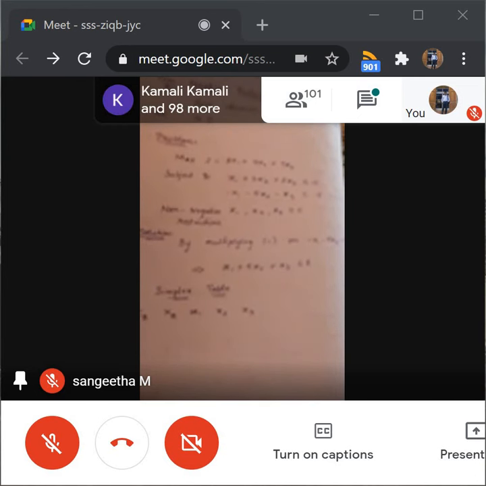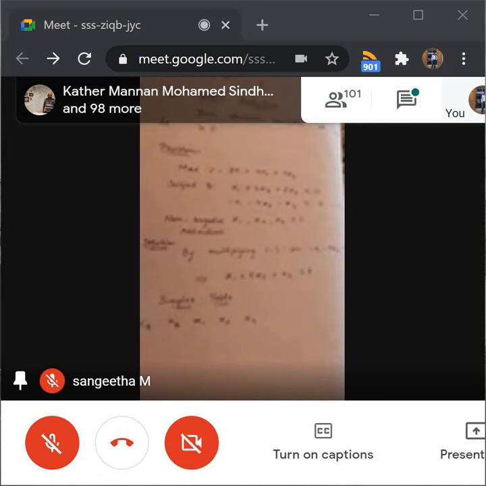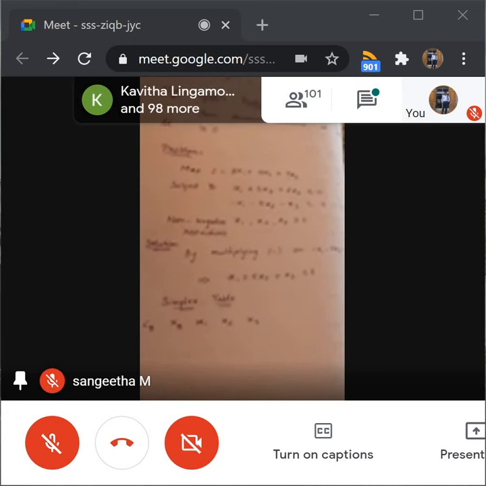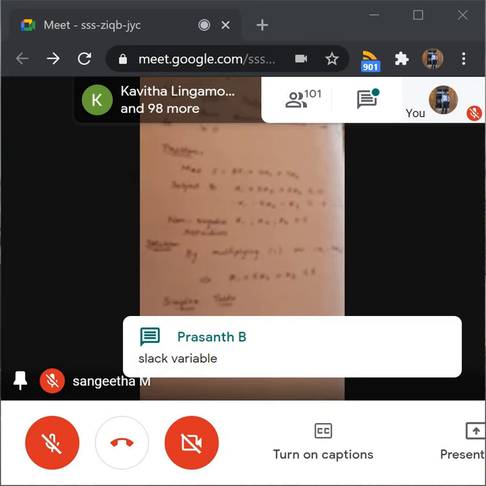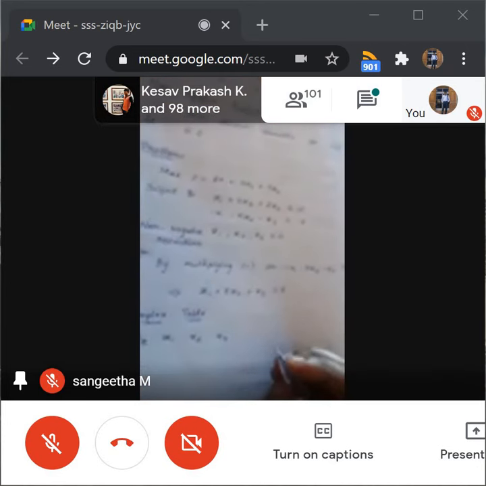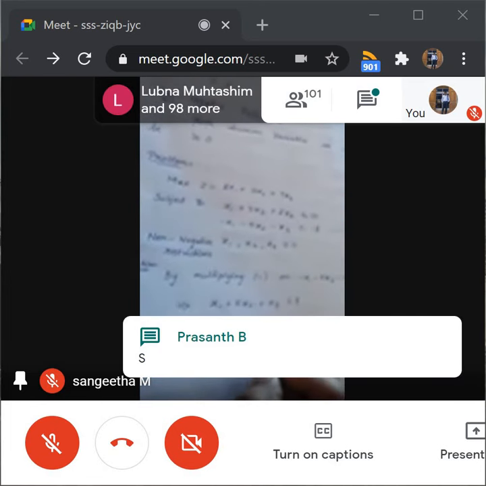So I add a variable called a slack variable, abbreviated as capital S.